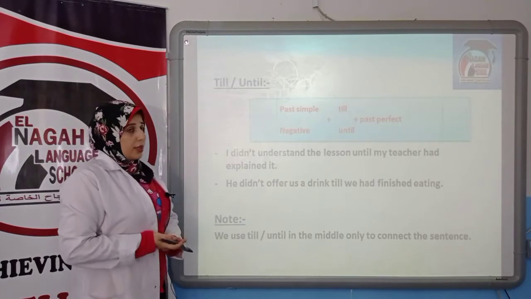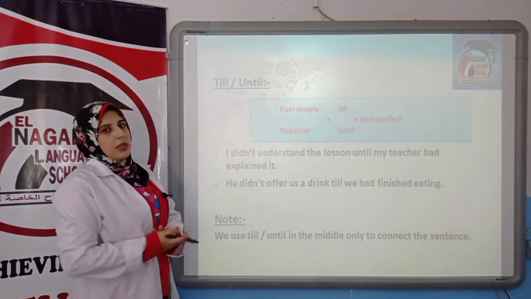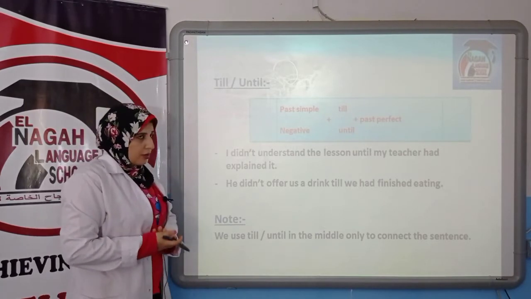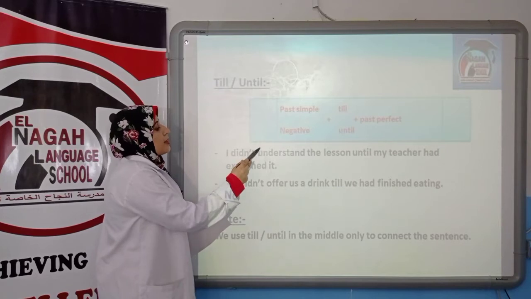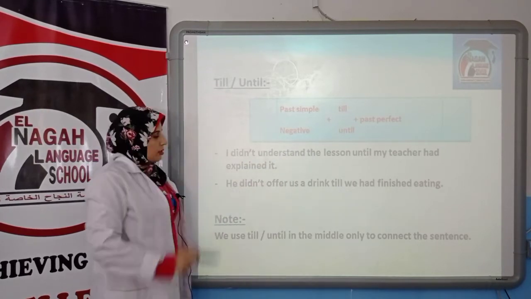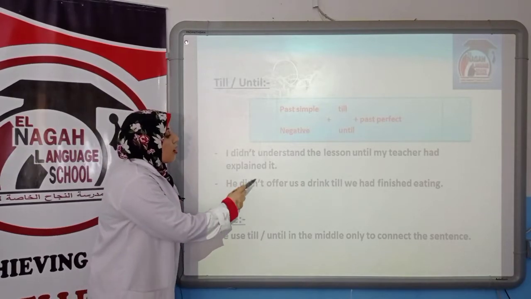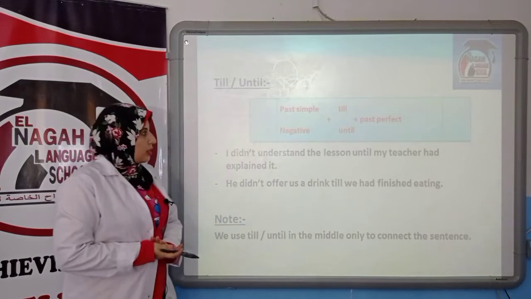The third linkers: till, until. Look at the examples. I didn't understand the lesson until my teacher had explained it. He didn't offer us a drink till we had finished eating.